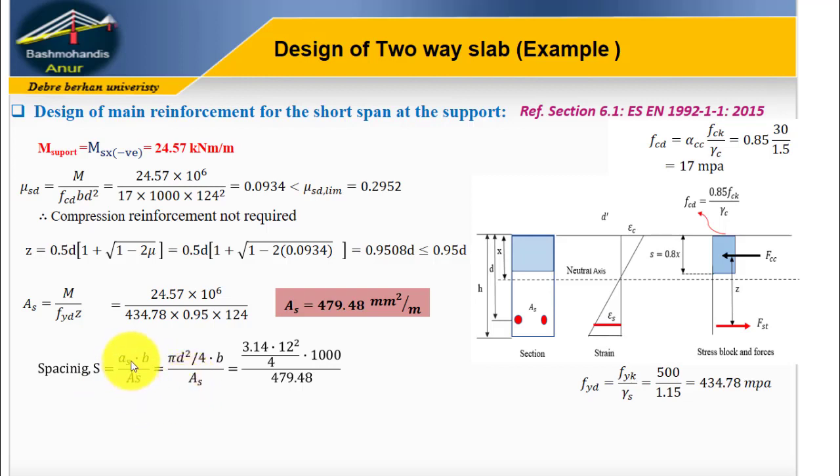This small as is the area of one bar. We are using diameter 12 bars, therefore the area of one reinforcement bar is 3.14, which means pi times d square, d is 12, divided by 4, since it is pi d square over 4. Then this area times b divided by As.